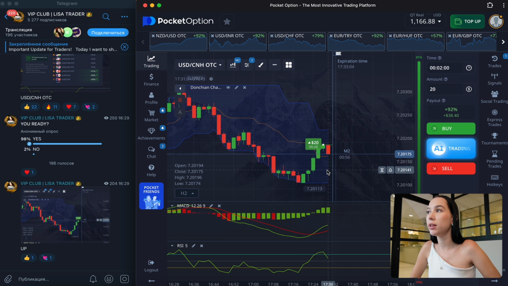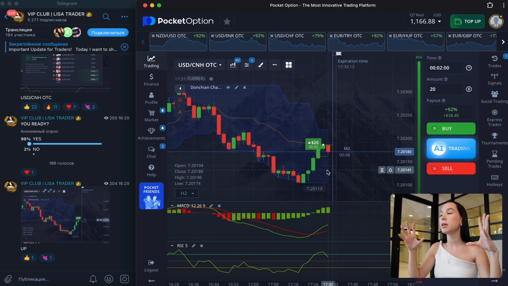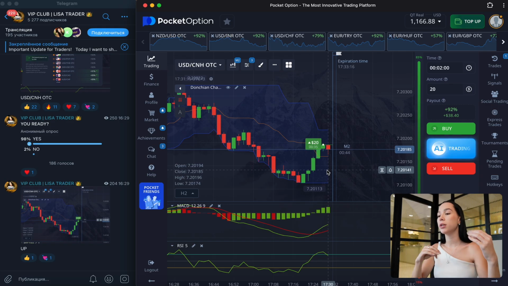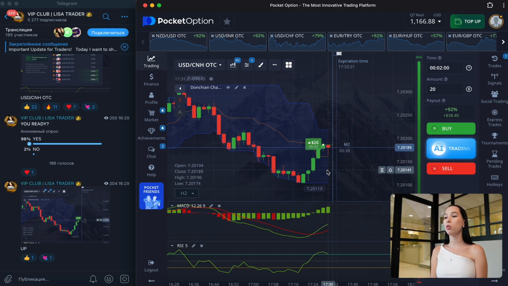So yeah, the thing that I was saying also about the analysis, that's definitely 50% in all of the trading. I think 50% is knowledge and 50% is emotional intelligence and emotional stability. Because if you have a lot of knowledge, you know a lot of strategies, technical and fundamental analysis, you know how to analyze the news, how to analyze the charts, how to use a lot of indicators.